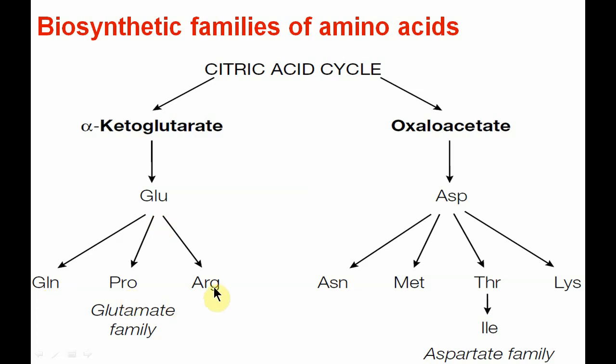So all are collectively under the glutamate family. The next intermediate is oxaloacetic acid, which forms aspartic acid, and aspartic acid further gives rise to asparagine, methionine, threonine and lysine. Threonine also helps to synthesize isoleucine. So all are collectively under the aspartate family.